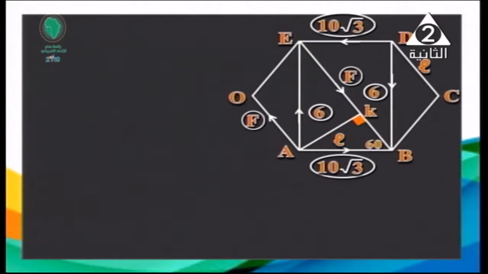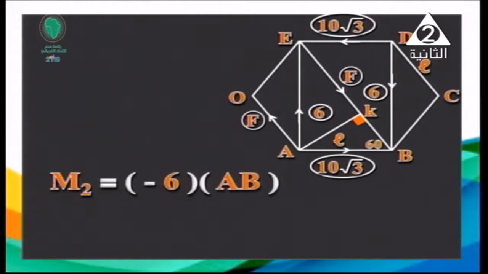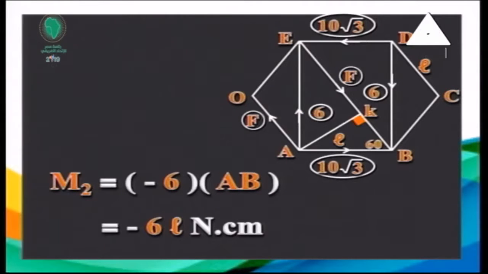The second moment, my dear student, is 6 times AB, negative 6L, because the direction of the couple was clockwise. We have two directions of a couple, clockwise and anti-clockwise. Anti-clockwise is positive, clockwise is negative.